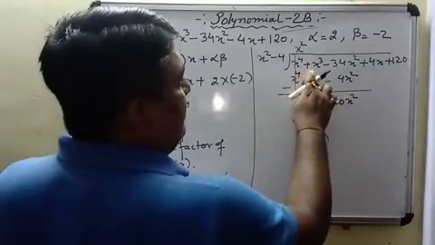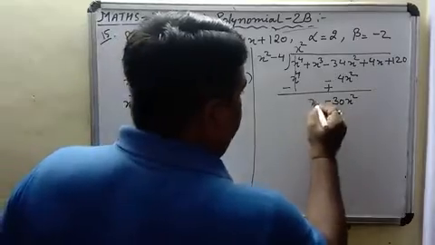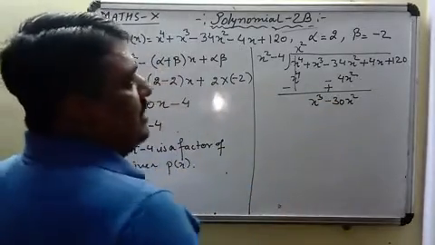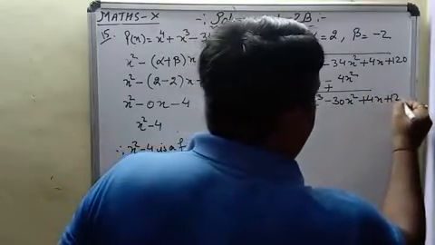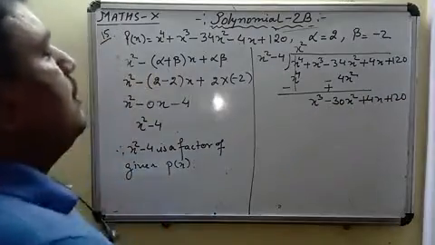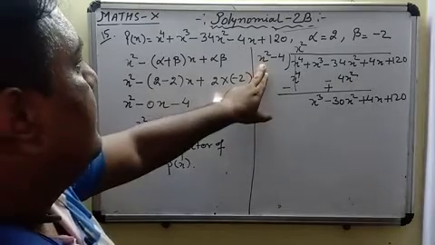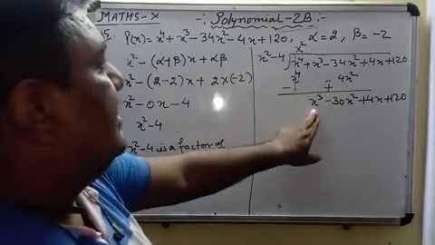Here x cube in positive form, it is also here. X cube in positive form. And plus 4x is left and plus 120 is also left. Now we are given x square and we have to make it x cube.